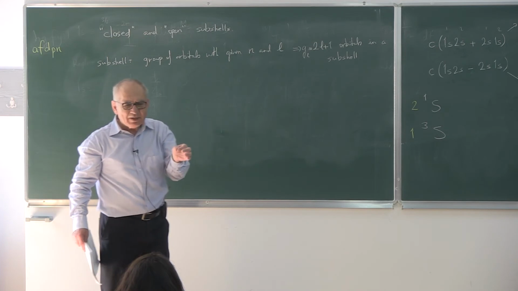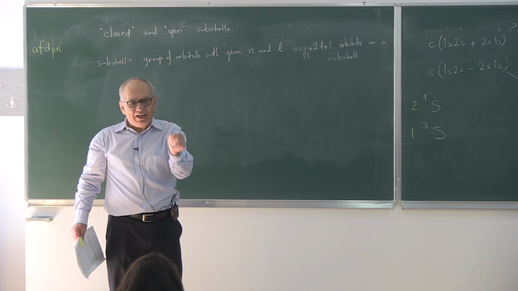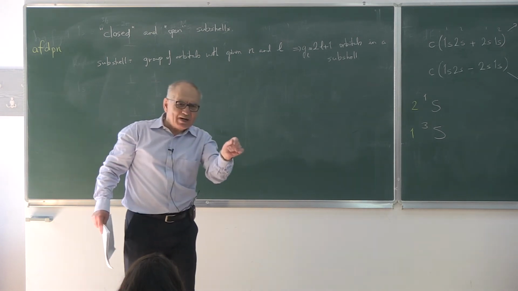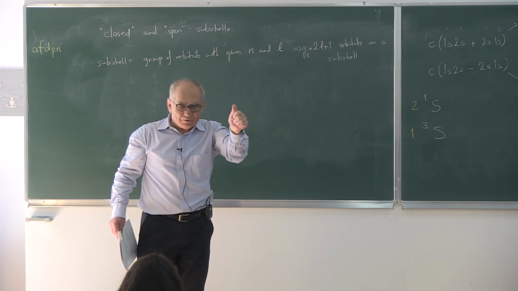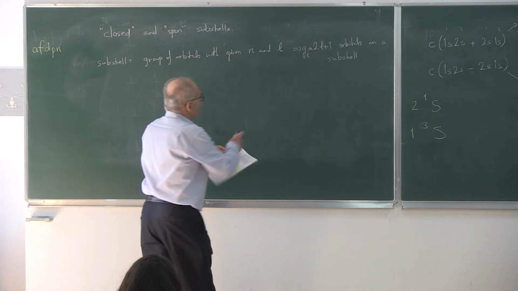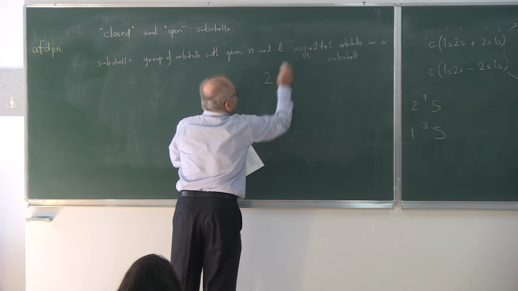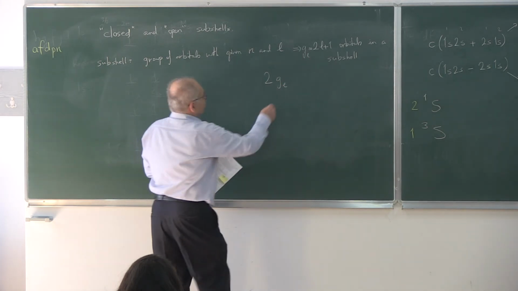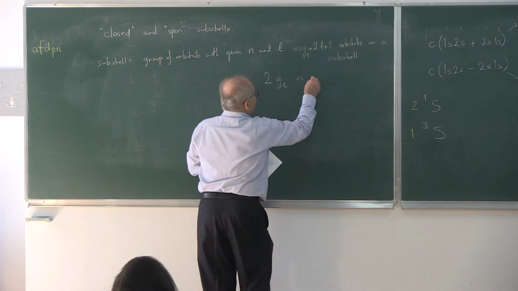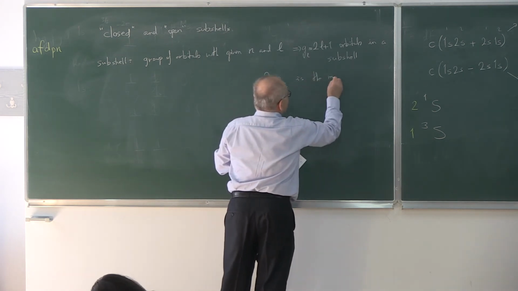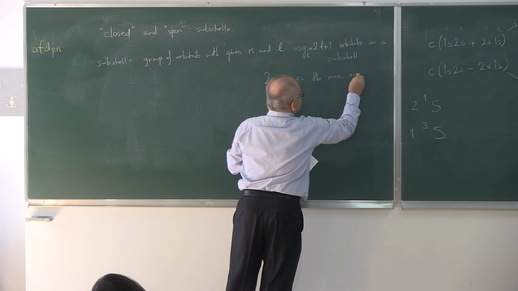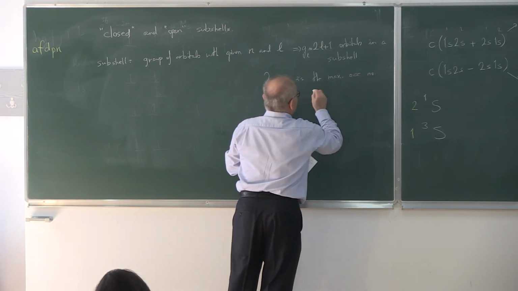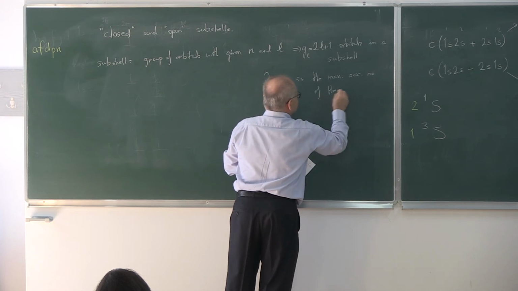You can easily count it. If there are 2 times L plus 1 orbitals, and each orbital has a maximum occupation of 2, then 2 times this number is the maximum occupation number of the subshell.